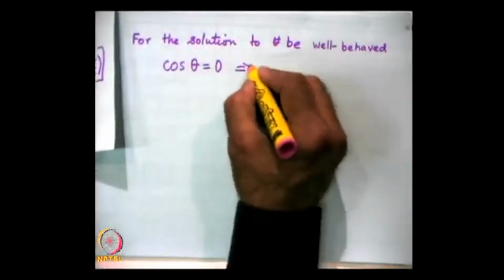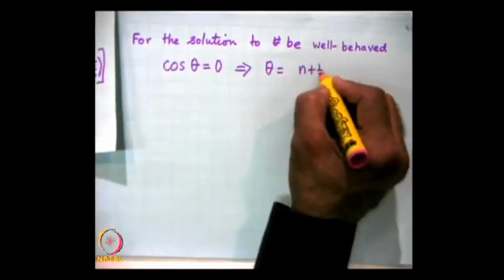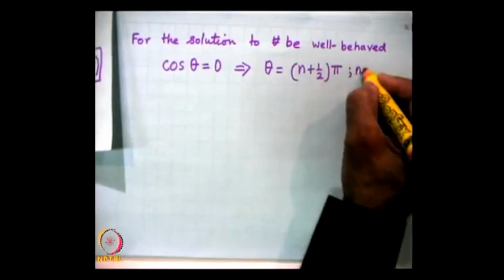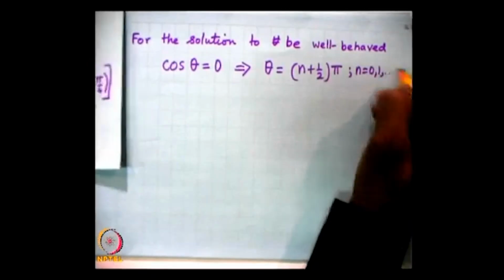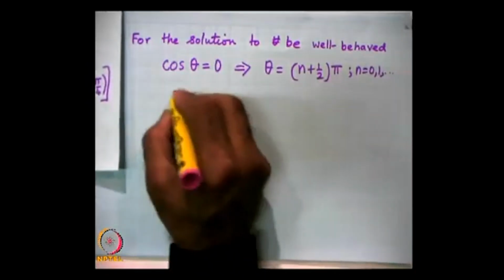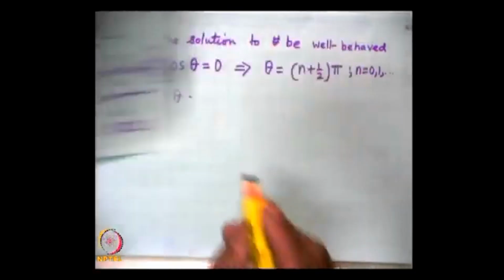So, this implies theta is equal to n plus half times pi, where n is equal to 0, 1, 2, 3, etc. And what is my theta? Theta is equal to integral a to b k dx.